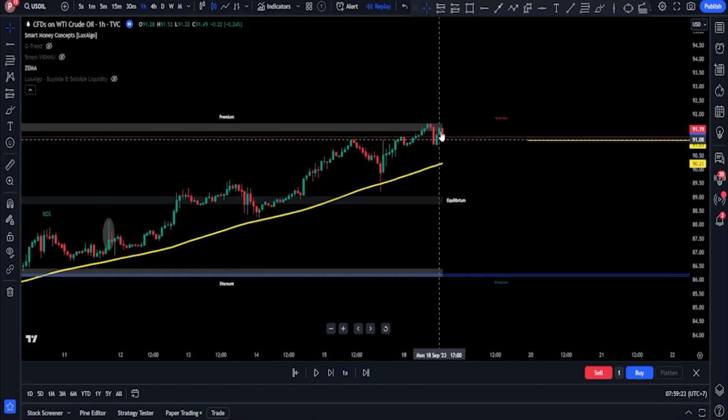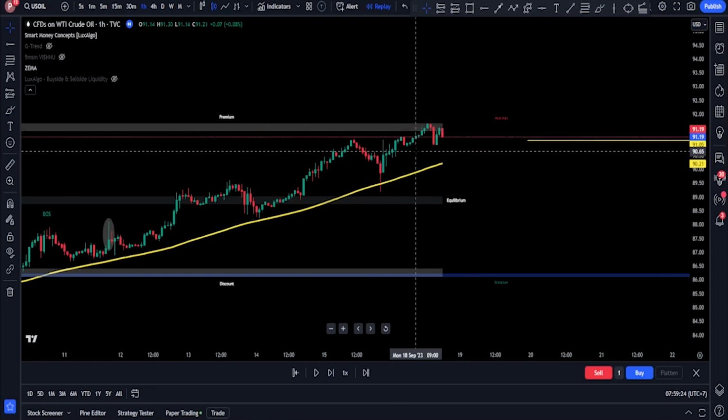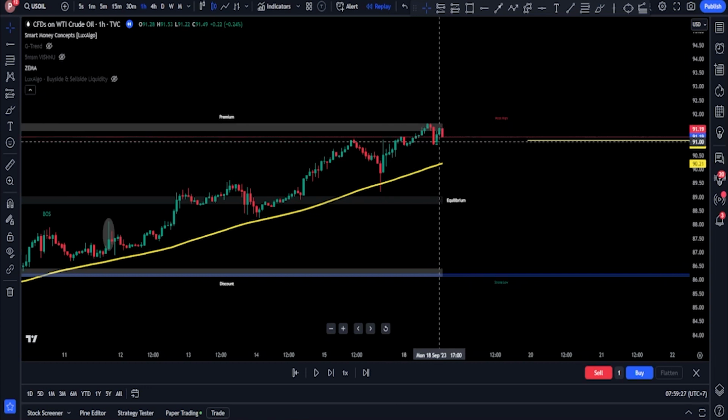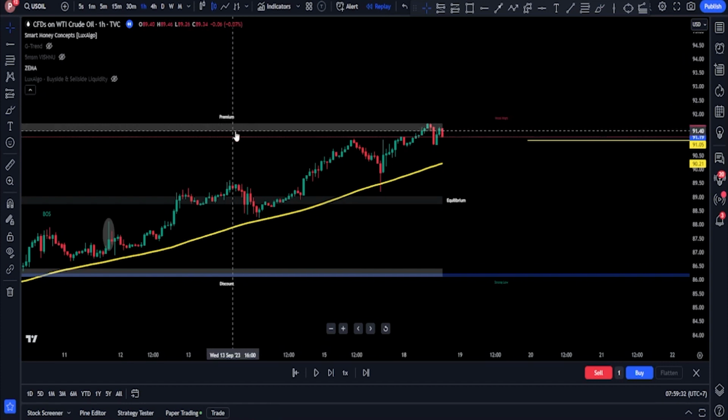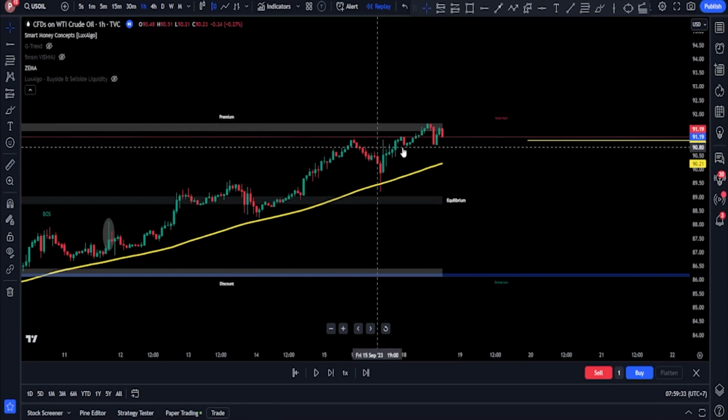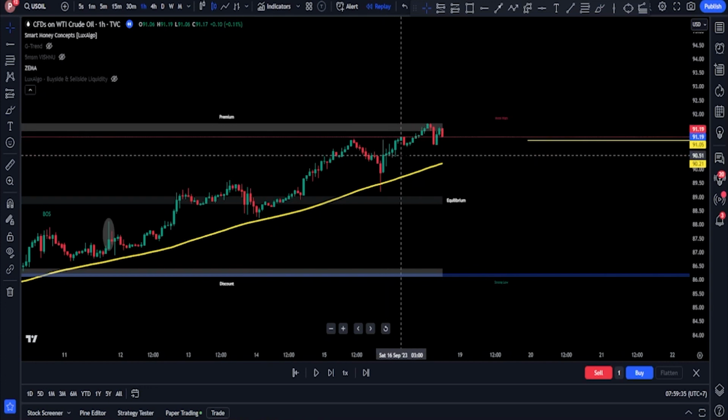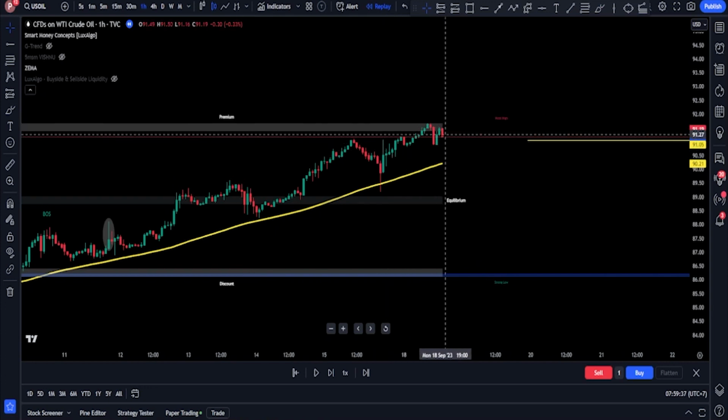You can't ride the trend right now. It's risky to take it right here, is what I'm saying. Because remember, the premium zone indicates that we already are overbought. So it's literally just a matter of time before we start selling off.